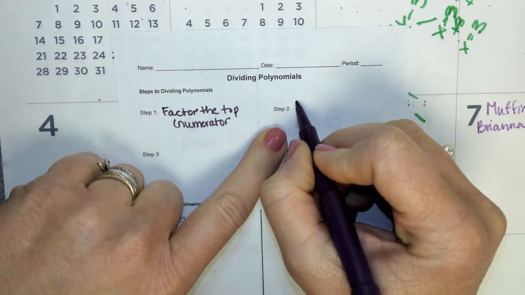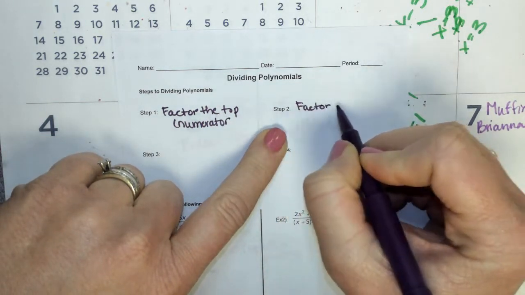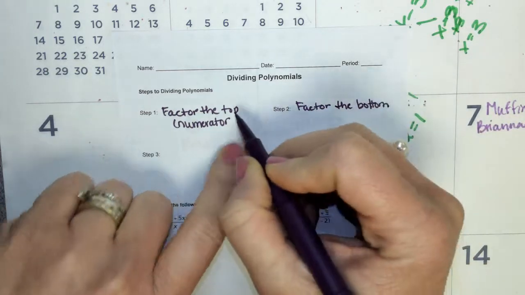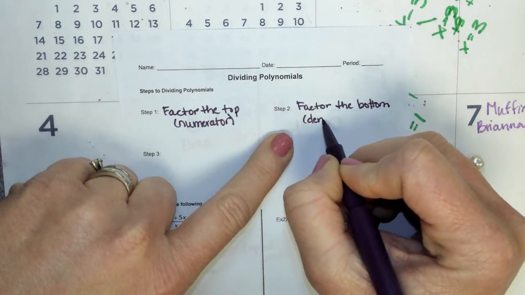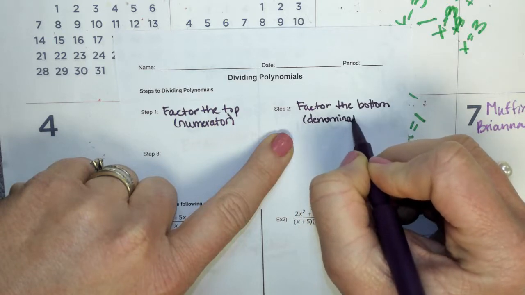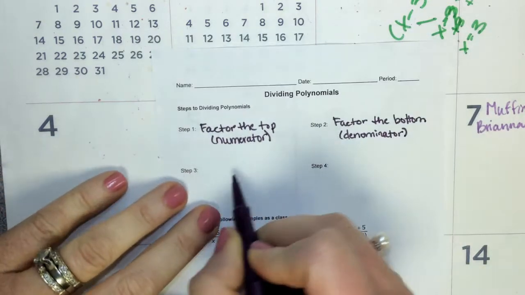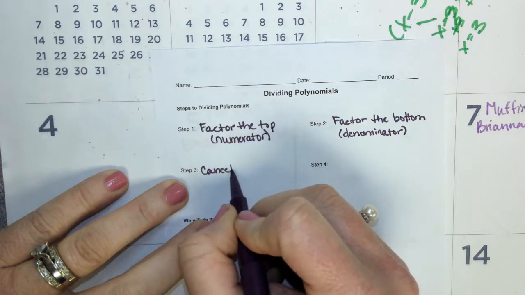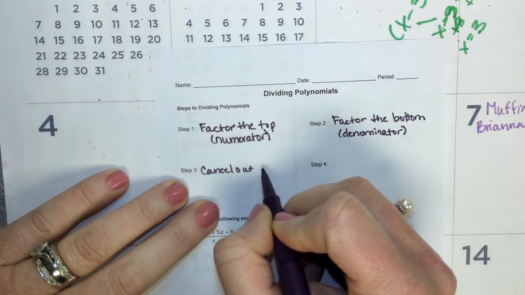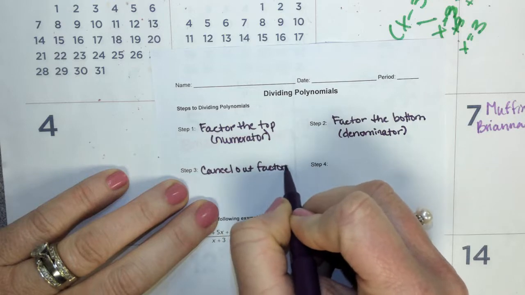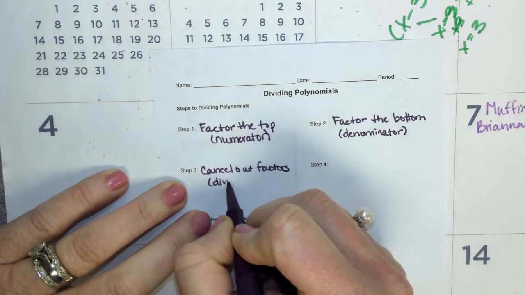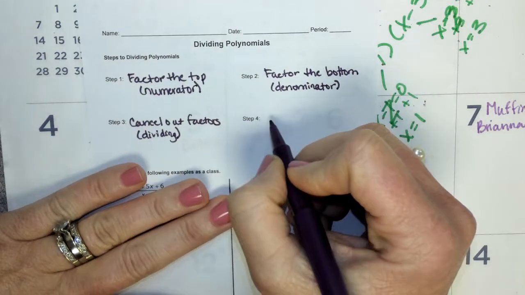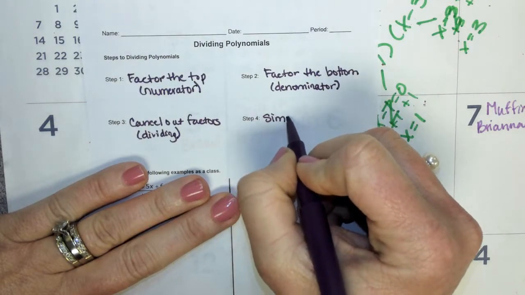For step 2, we're going to factor the bottom, and that is talking about the denominator. For step 3, we are going to cancel out factors, and this would just be our dividing process. And then for step 4, we are going to just simplify.